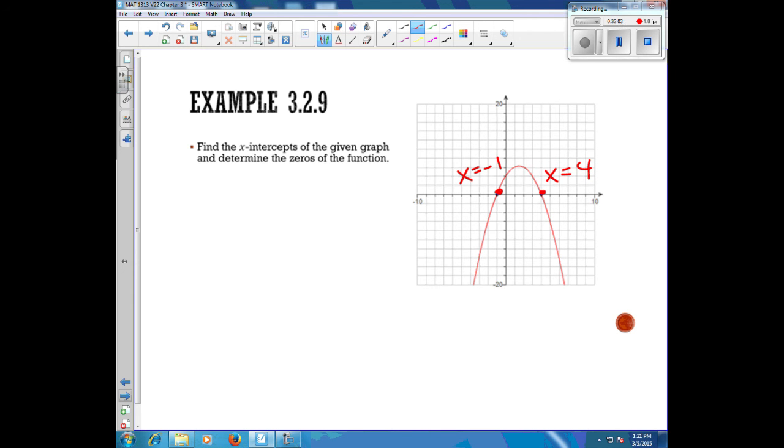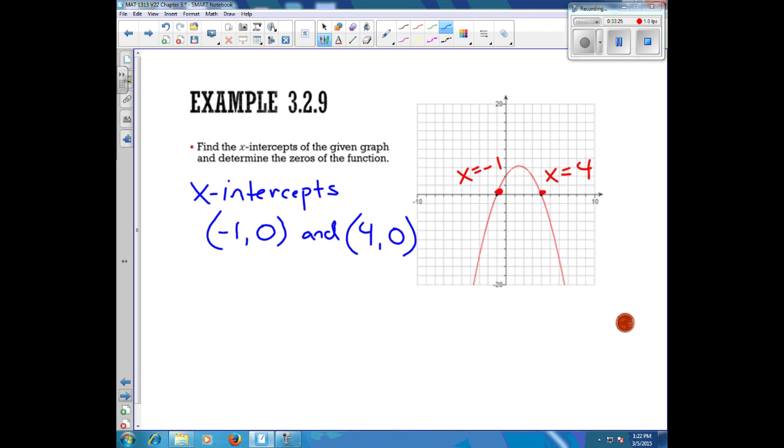And so if we want to find the x-intercepts, the points where the graph crosses the x-axis, then we're going to get the points negative 1 and 0, and 4 and 0. Remember the x-intercepts are points, so we just want to know what the points are there. Well, it's negative 1 and 0 and 4 and 0.